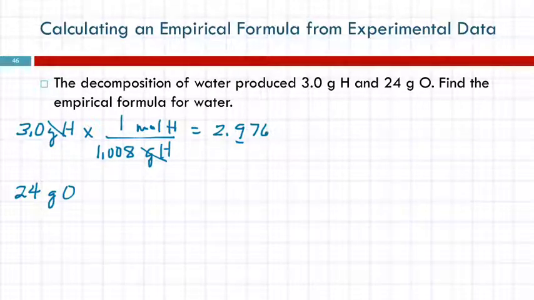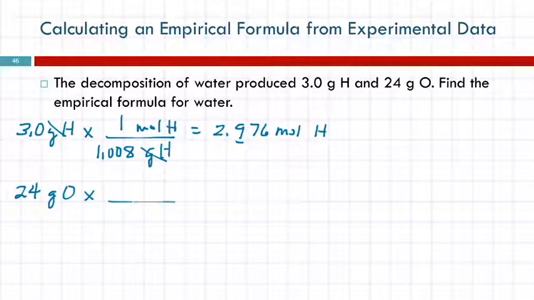Carry 2 extras though. These problems, calculating empirical formulas, we're going to end up with whole numbers in the end. The significant figures are going to disappear. The important thing is to use enough. More digits is better when you're doing these problems. If you round things too much, it can mess up your answer. So that would be the number of moles of hydrogen.